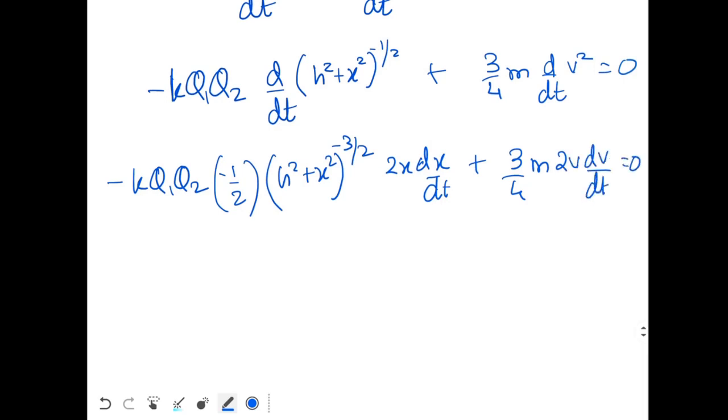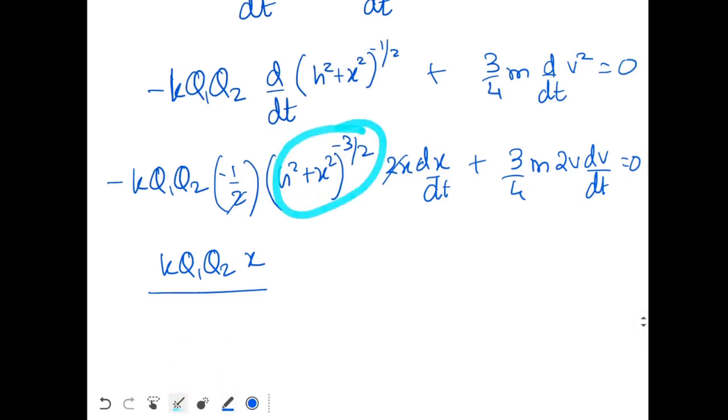This is equal to 0. So when you simplify this you will get k q1 q2, 2 will cancel out, x by, again h square plus x square will be approximately h square because x is very small, so this will finally become h cube in the denominator.